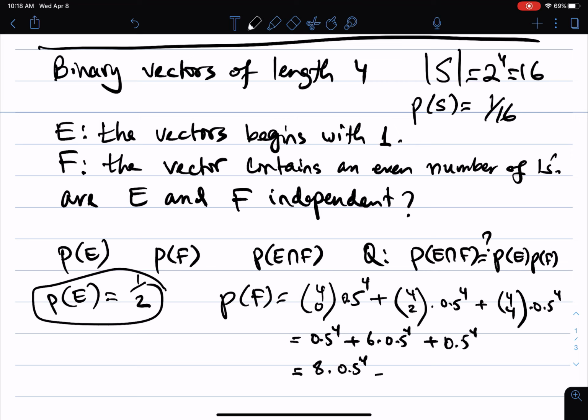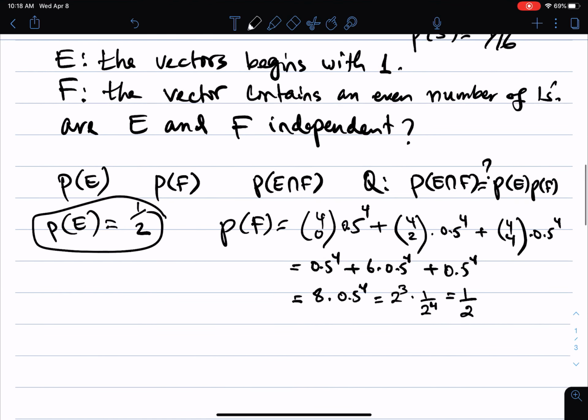Remember that 8 is 2 to the third, and 0.5 to the fourth is 1 over 2 to the fourth. This becomes 1 over 2. So the probability of F is also 1/2.